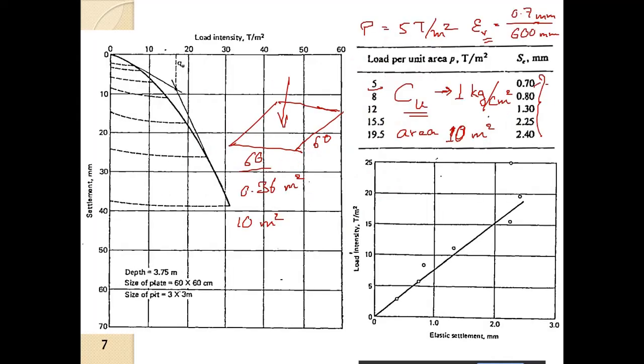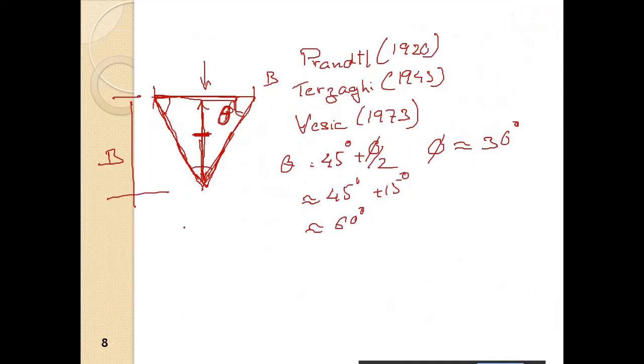The elastic settlement is 0.7 for 5 ton per meter square, then 0.8 for 8 ton per meter square, and 1.3 for 12 ton per meter square. So it is already given, and we can find out epsilon v easily. It will be the settlement.